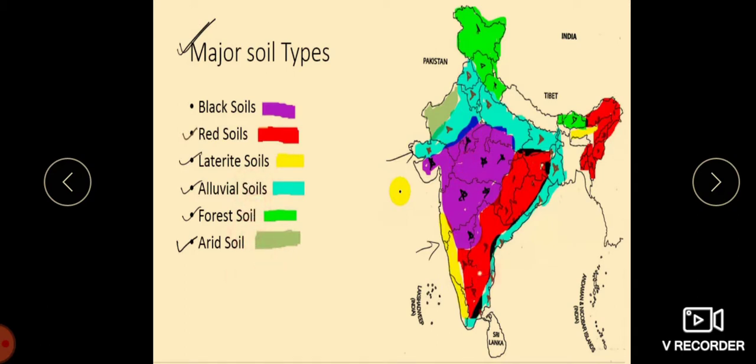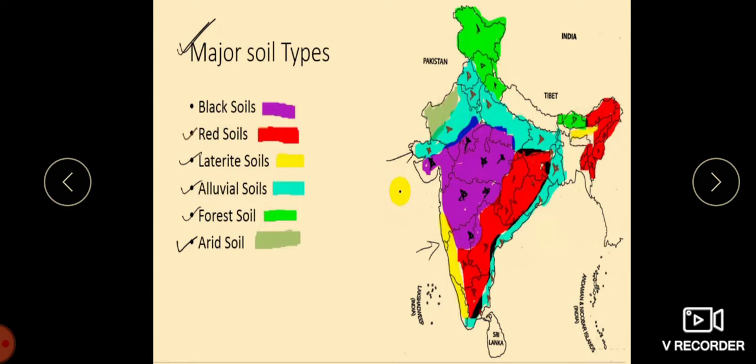You can see in these places. Here you have the red soil, and the black soil, children, in these states. Red soil you find here, and we have the laterite soil in the coastal plains, the alluvial soil in the northern plains, the forest soil in Jammu and Kashmir and even near Sikkim, and we also have the arid soil.